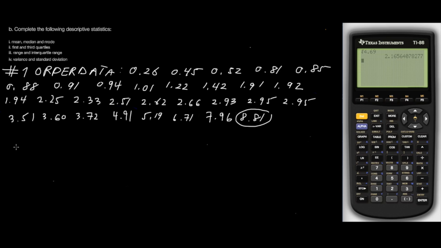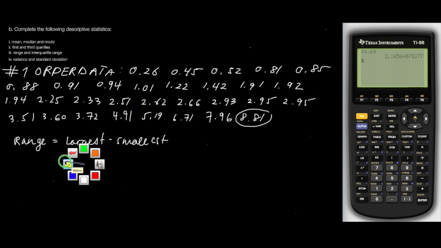All right, so now let's compute the range. Okay, so the range is quite simple. It's always the largest value minus the smallest value. Okay, now what I mean by this, let's illustrate it.